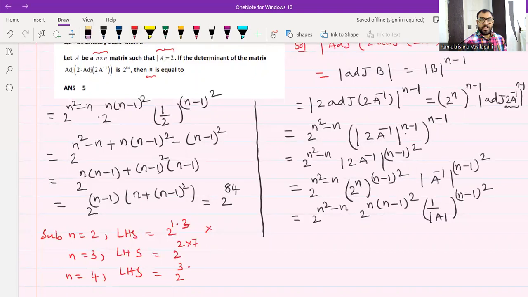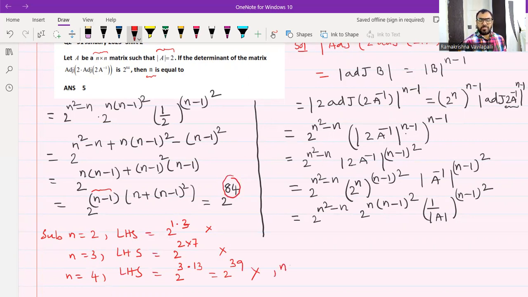So this is also not possible. It becomes only 2 to the power of 14. Now when n equal to 4, this value is 3. So here 4 plus 9, 13. So 13 into 3 is just 2 to the power of 39 only. So this is also not possible. We want 2 to the power of 84.